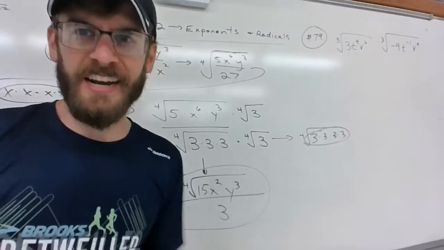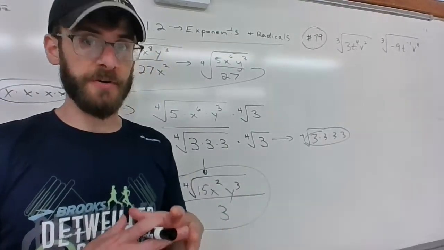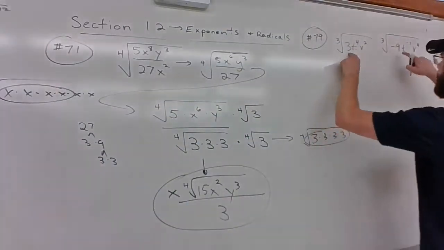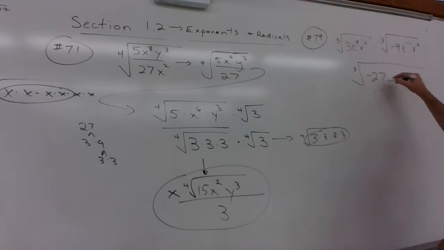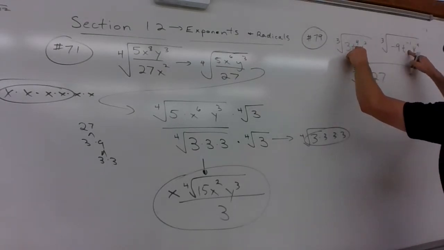79, kind of the same idea. If it's a cube root times a cube root, you can multiply the parts that are inside to one another. So 3 times negative 9 is the cube root now of negative 27. T to the 4 times t to the negative 1.